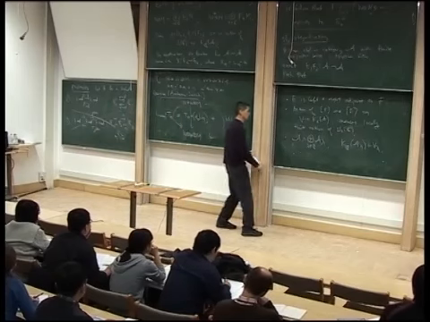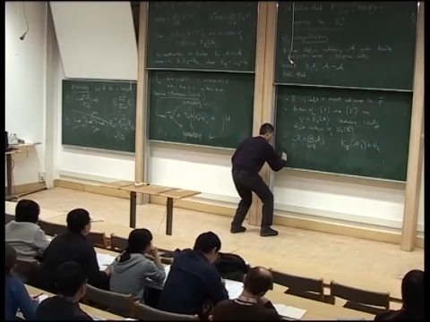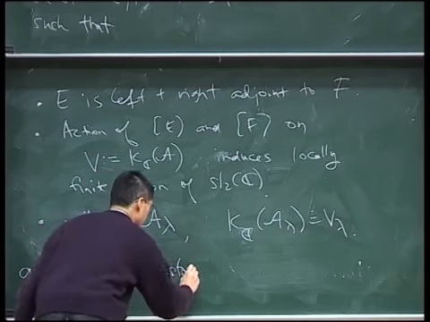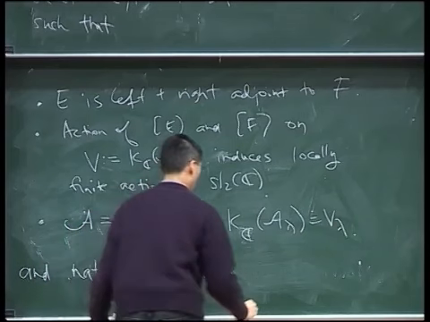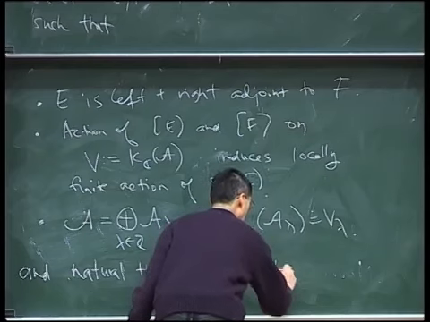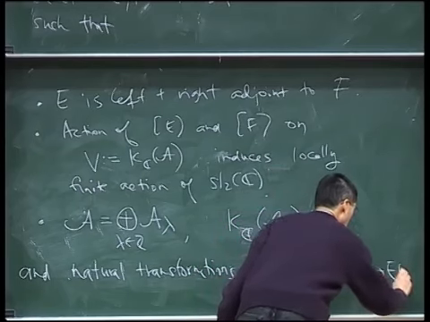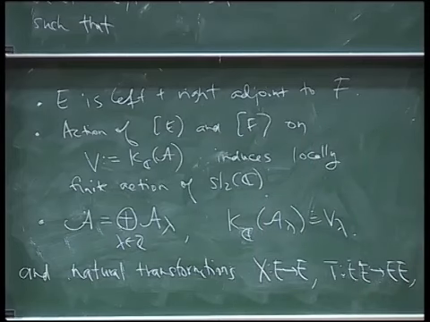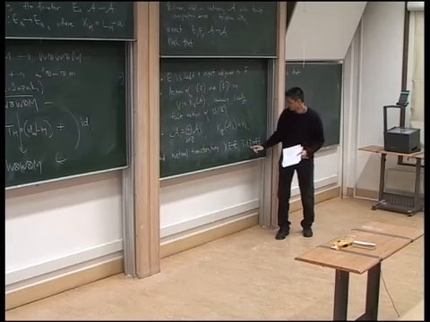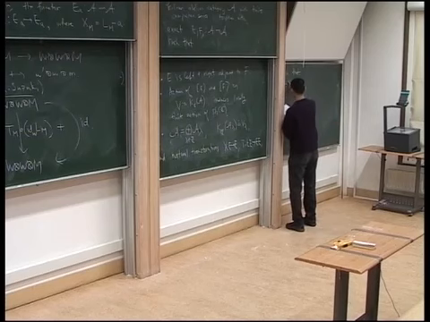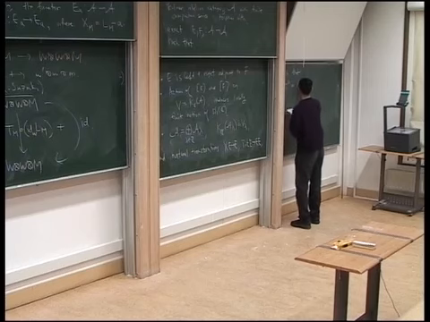So we want also some natural transformations x of E and t of the square of E, such that t should satisfy some kind of braid relations. First, it should square to the identity.